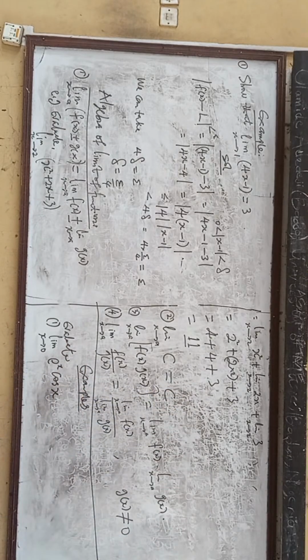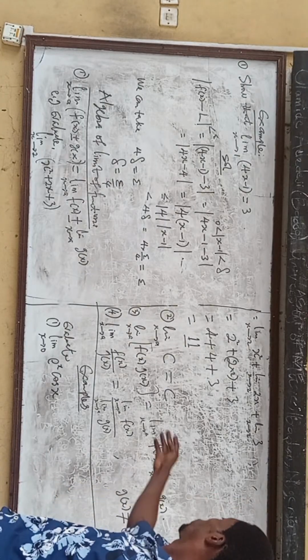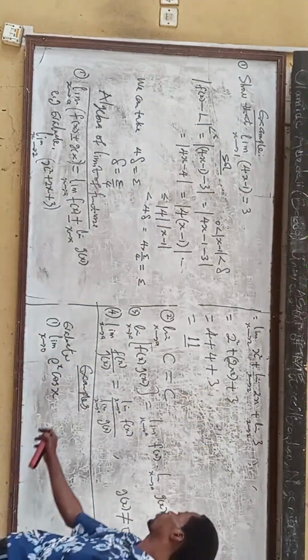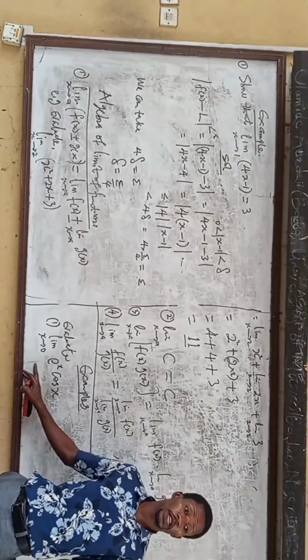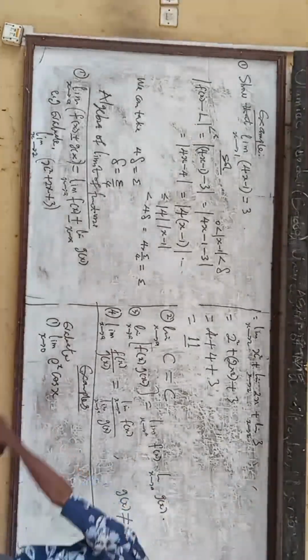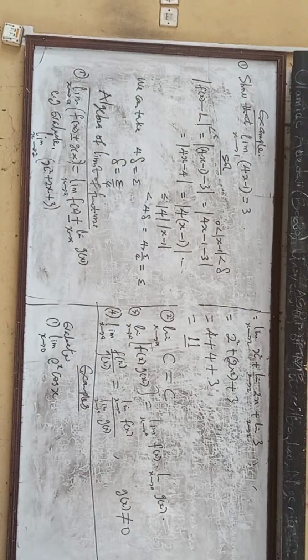Look at this example. Take the limit for the product of functions. We have two different functions here: the exponential function and the trigonometric function. If you are to take the limit as x tends to 0 of the product of those two functions, what would be the answer? What is the answer?